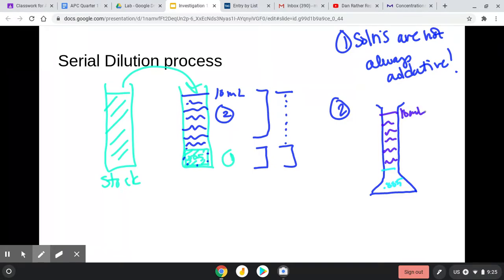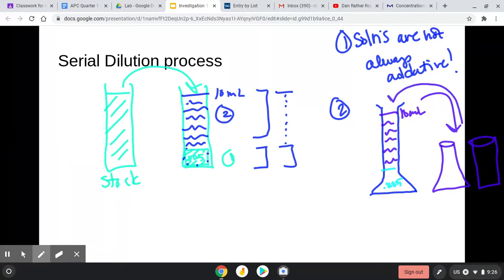You can do it in a graduated cylinder, but don't forget, graduated cylinders are really bad at mixing things. So you're probably going to have to pour this out into an Erlenmeyer flask in order to swirl it around, or possibly into a beaker, which are also decent mixing devices. And then you're going to have to pour it back into your graduated cylinder to make sure you have actually hit that 10 milliliter mark.